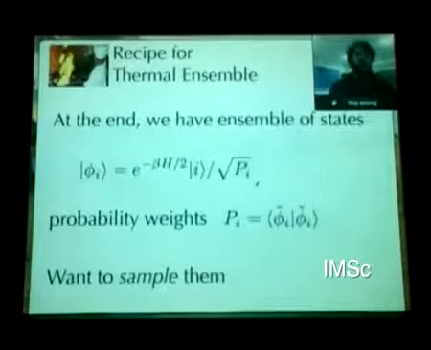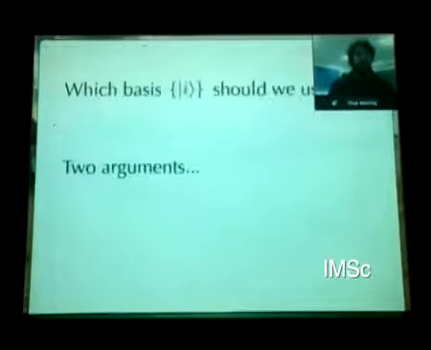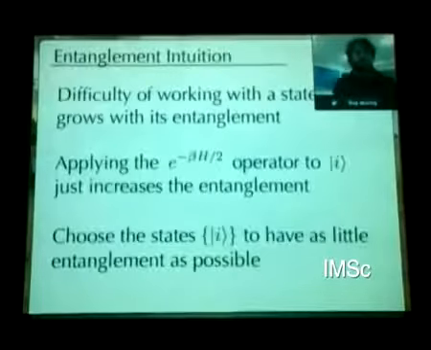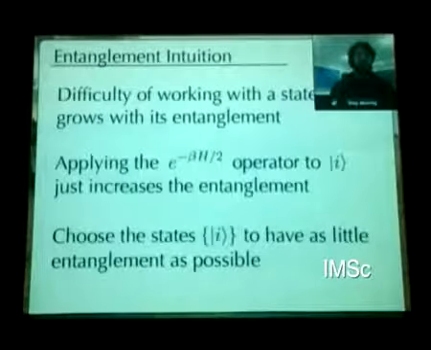But which basis I should we use to seed this? We have to start from some basis to apply this time evolution to. On this slide and the next, I'll give you two arguments that lead to the basis we want to use. The first is thinking about entanglement. In DMRG methods, in matrix product state methods, the difficulty of working with a state grows with its entanglement.